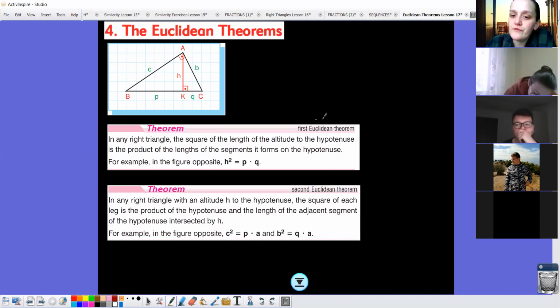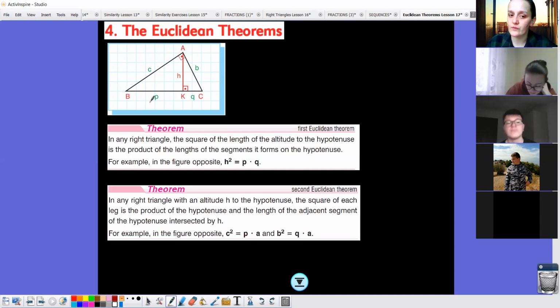According to the first Euclidean theorem, in any right triangle, the square of the length of the altitude to the hypotenuse is the product of the lengths of the segments it forms on the hypotenuse. So h square is equal to p times q.